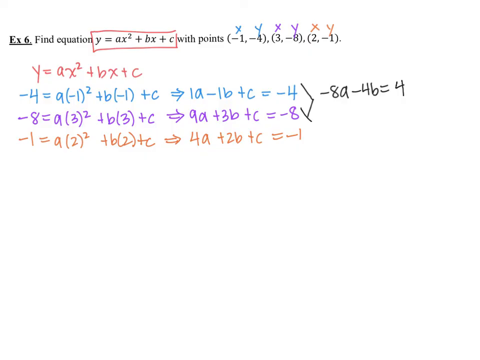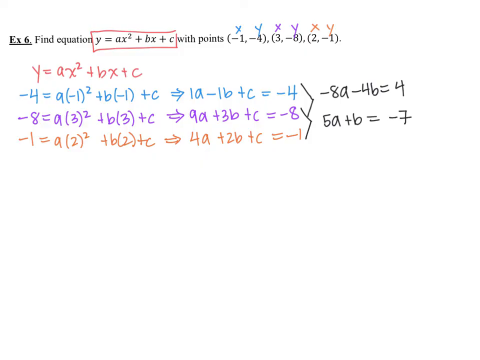Now I'm going to use the second 2 equations, and I'm just going to subtract because the c's are going to cancel. So 9a minus 4a goes down to 5a. 3b minus 2b goes down to b. C minus c cancels, equals -8 minus -1, which is -8 plus 1, which is -7.